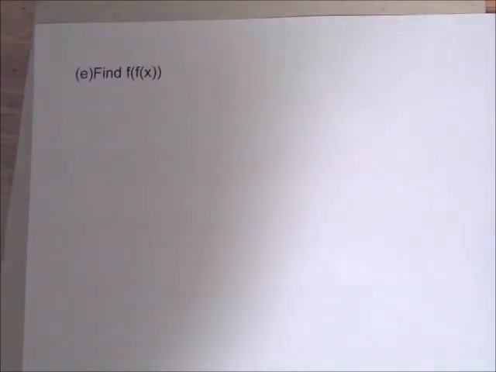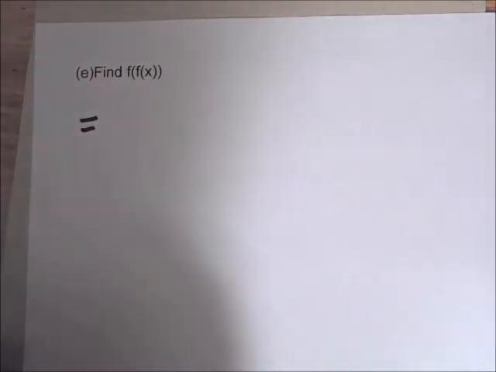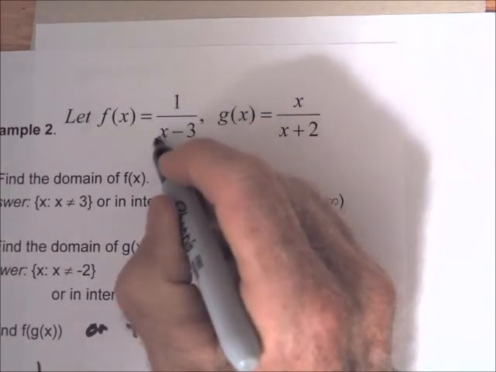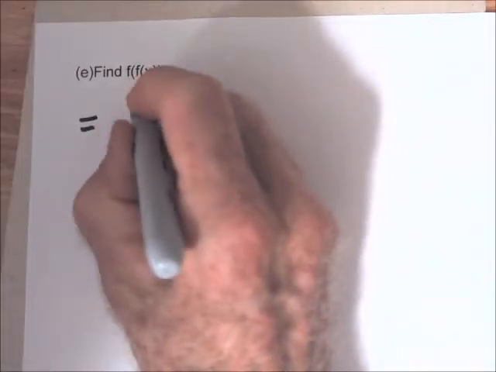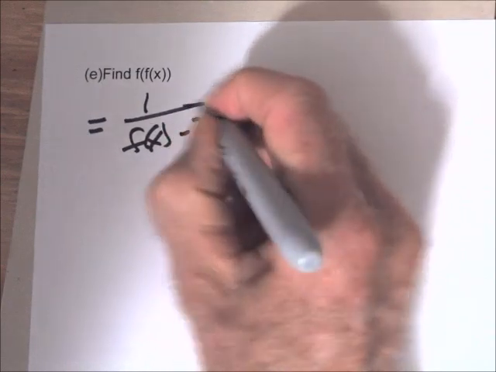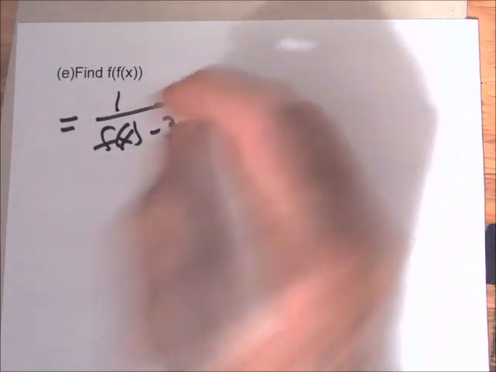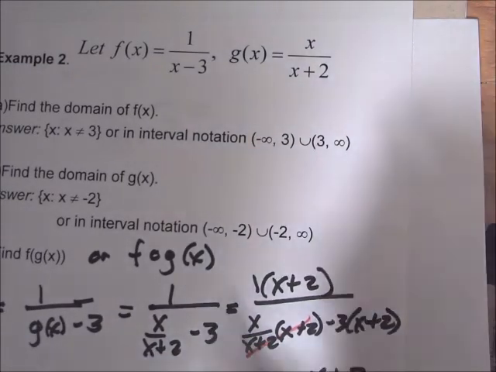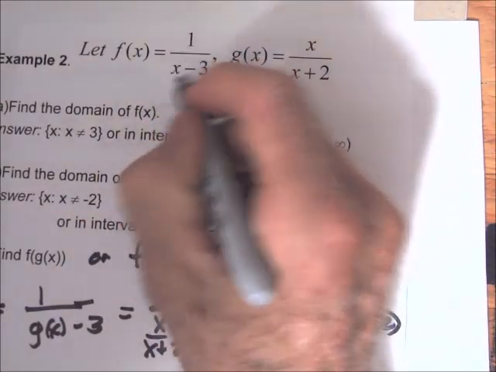Okay, we can also compose a function with itself. f of f of x. So in the formula for f of x, wherever you see an x, you put an f of x. So this is 1 over f of x minus 3. And then we want to replace f of x by its formula 1 over x minus 3.